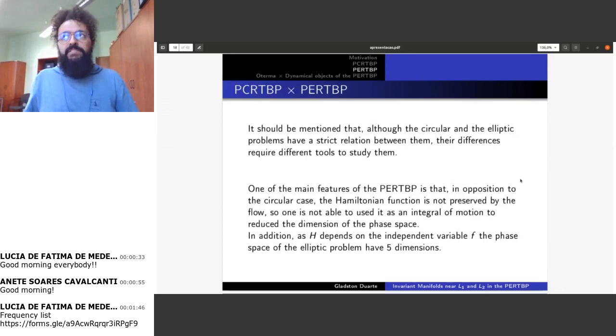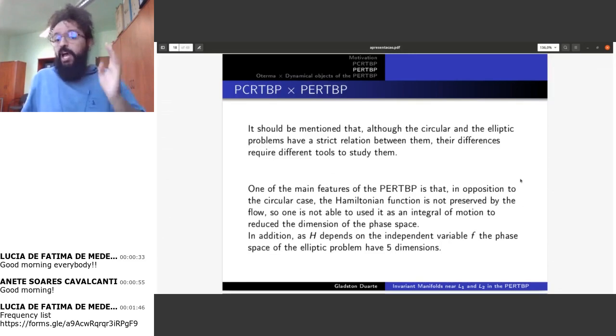And the biggest difference between these two models is that now we have a full 5-dimensional phase space. There is no way of reducing any dimension, because the circular problem is an autonomous Hamiltonian.